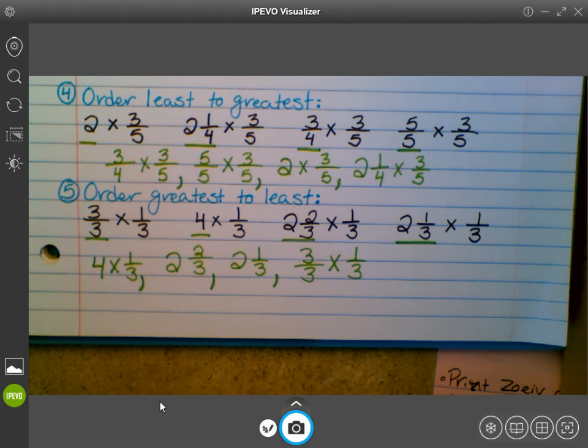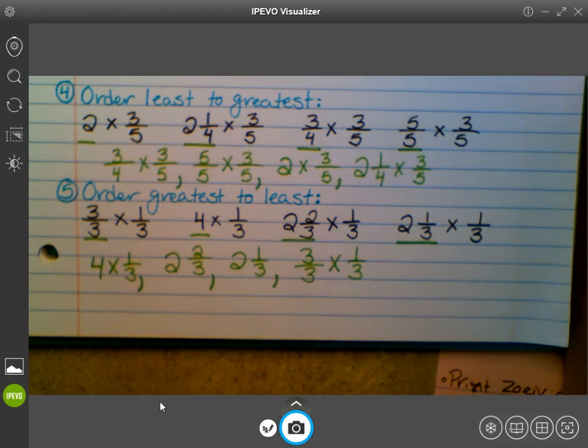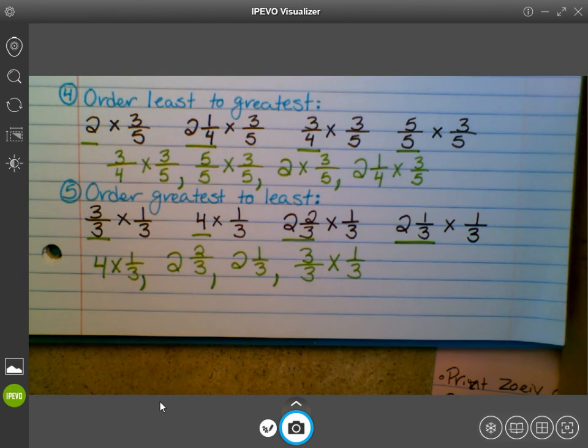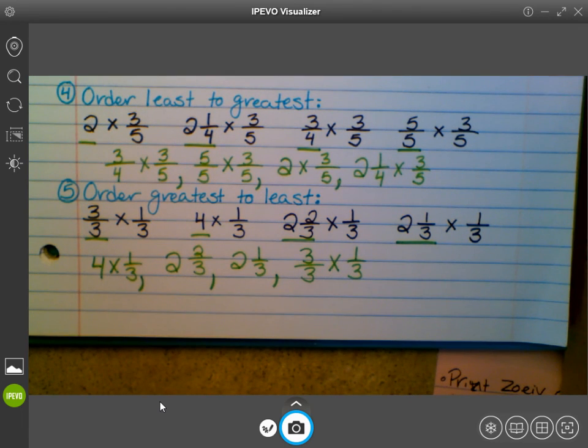Alright, you are circling number 1, numbers 3 through 5, so that means 3, 4, and 5, number 9, and number 12.